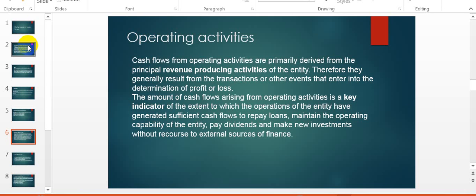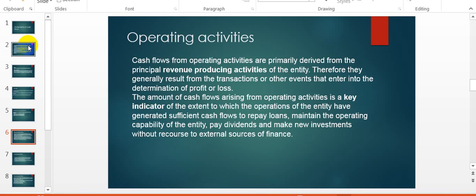The receivables, same thing. You look at the opening receivables and the closing receivables. If receivables have gone up, what does it mean? Does it mean cash has come in or cash has gone out? Cash has gone out because you've given out goods on credit, you have not received the cash. So you're going to subtract.